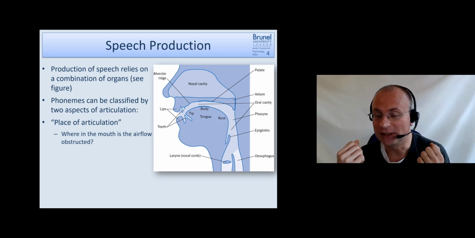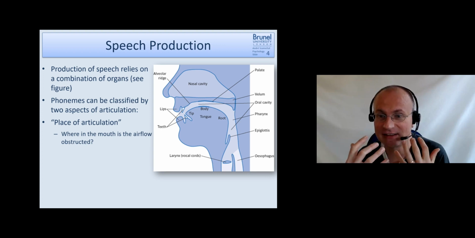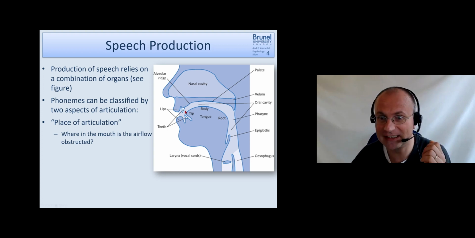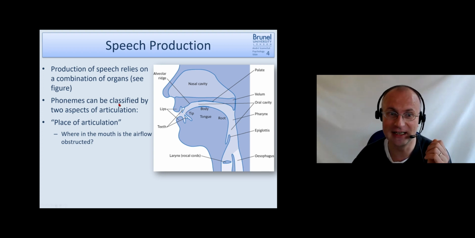So, for instance, in the TH, I put my tongue behind the front teeth and then get this TH sound from that. So the obstruction then is in this area, as an example.